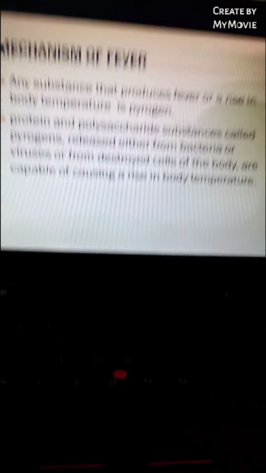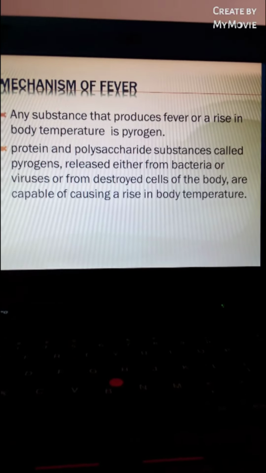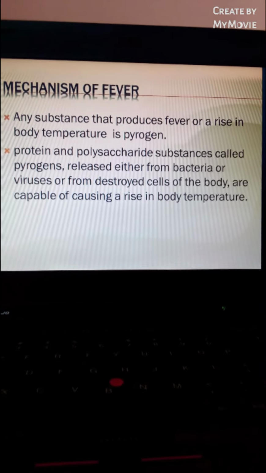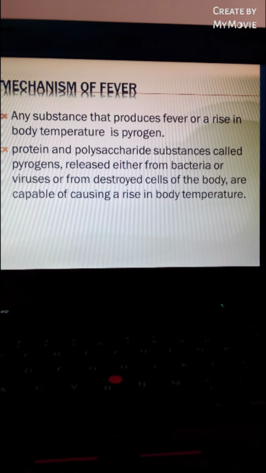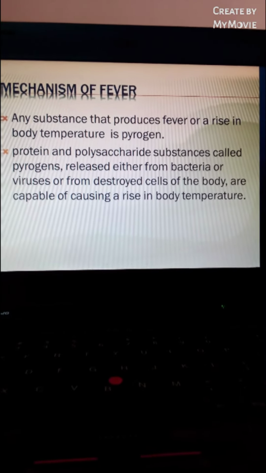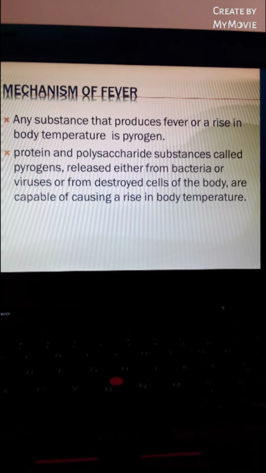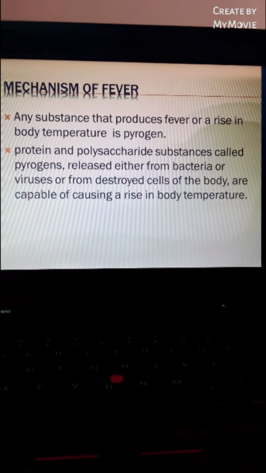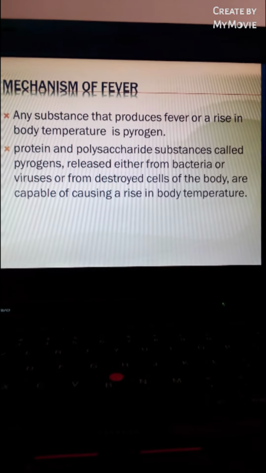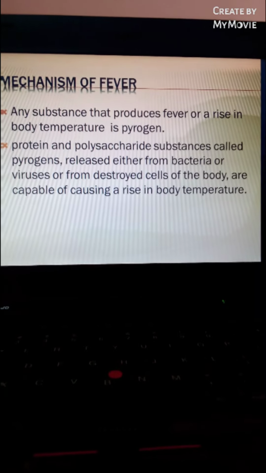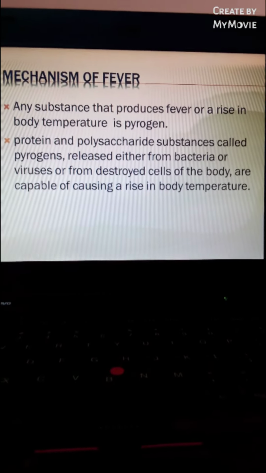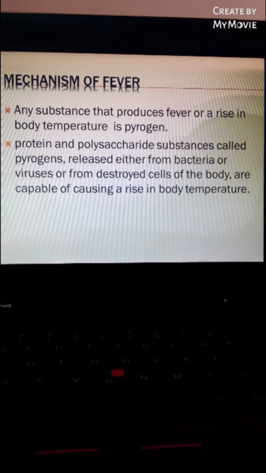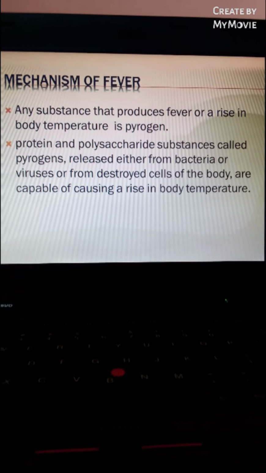What is pyrogen? It is a type of substance that increases the body temperature, or that is the reason for the fever. It is a type of protein, maybe some polysaccharide substance, that is released from bacteria or some viruses or from the destroyed cells of the body that are capable of producing fever or increasing the temperature of the body.